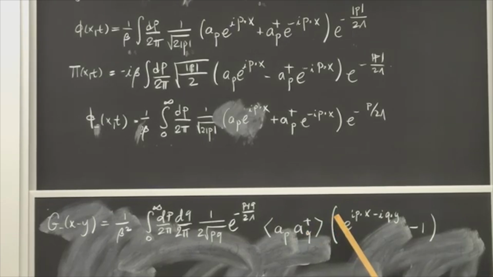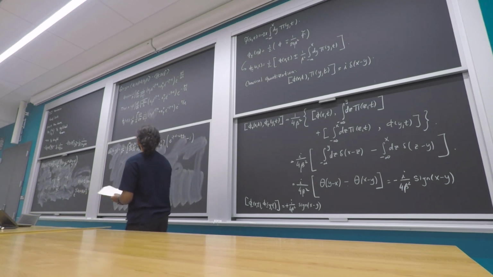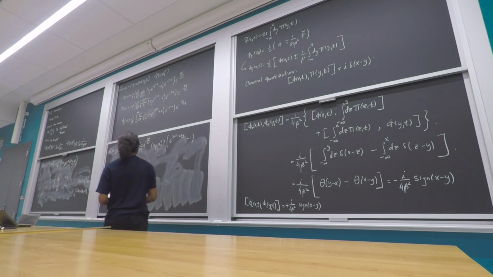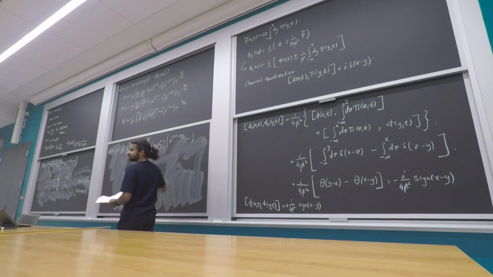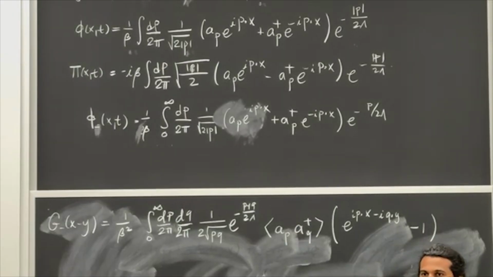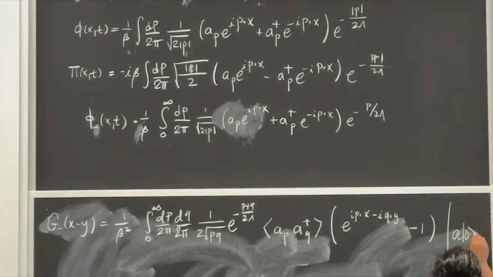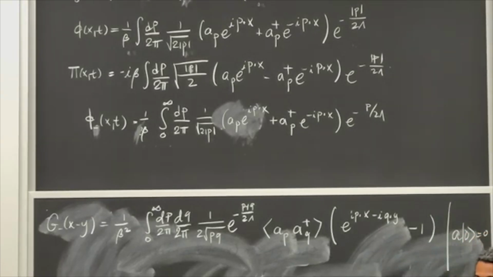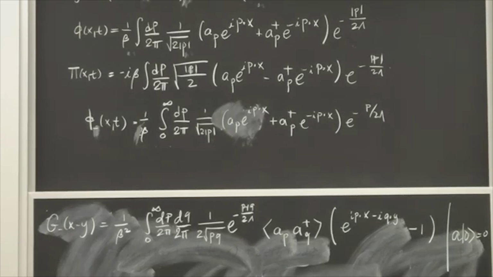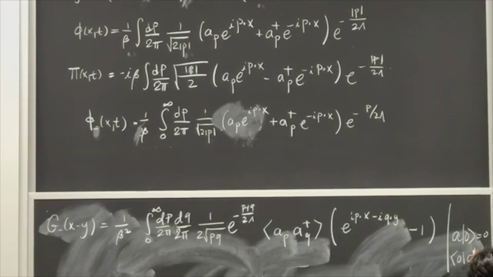And if you do A_P dagger A_Q, it gives the same thing. You just double it a little. A_P dagger A_Q is 0, because A_Q hitting the vacuum is 0. Likewise, A dagger acting on the vacuum from the left is 0.